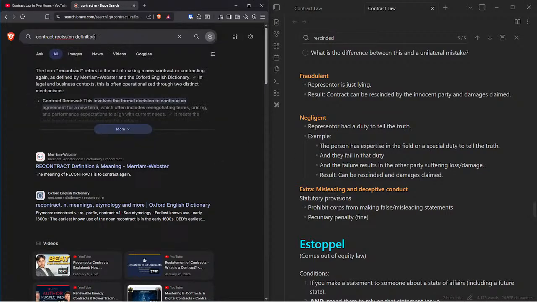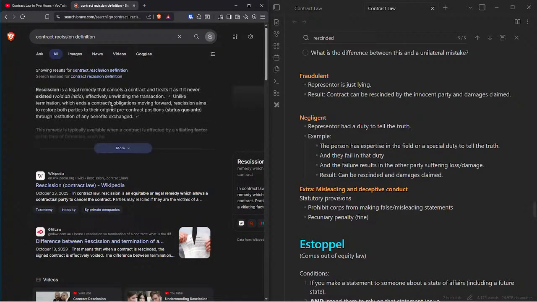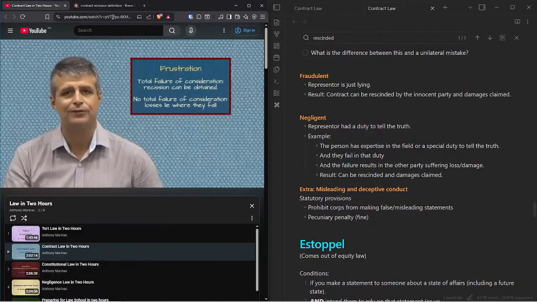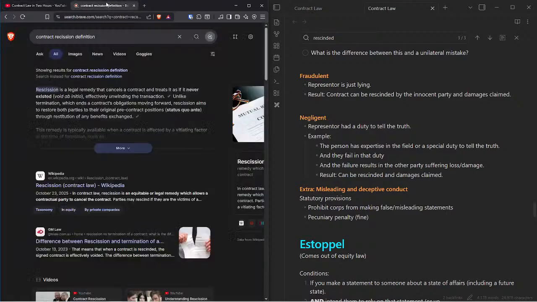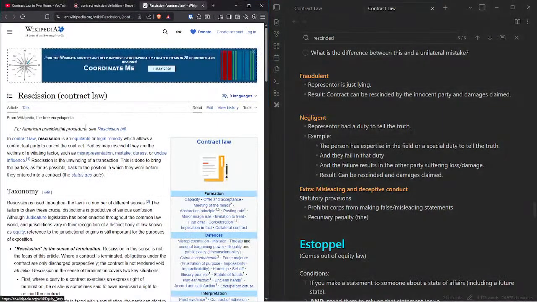Rescission definition is US. There's an SC in here. Oh my god, but it doesn't have it here. But I want, this is not for Australia.